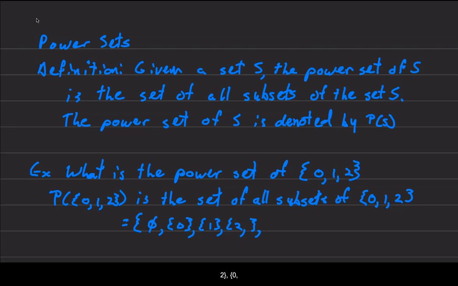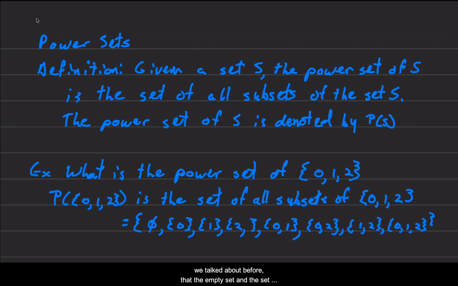And now we start our couplets. So we get the set 0 and 1, and we get the set 0 and 2. Remember, these are unordered, so order does not matter. Then we'll go set 1 and 2, and finally the set itself, 0, 1, and 2.